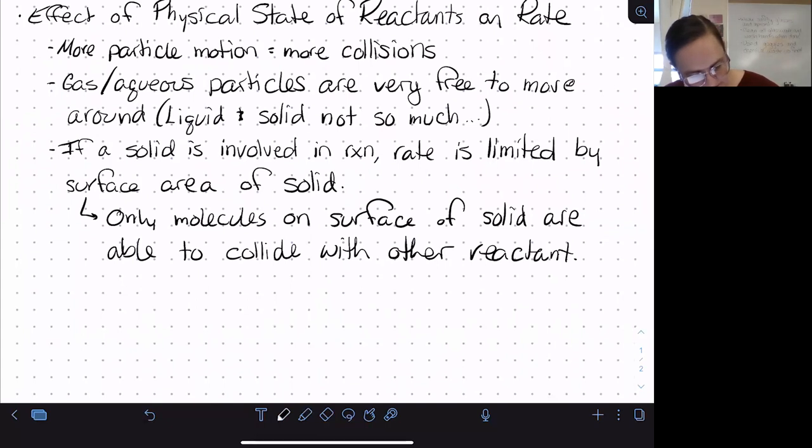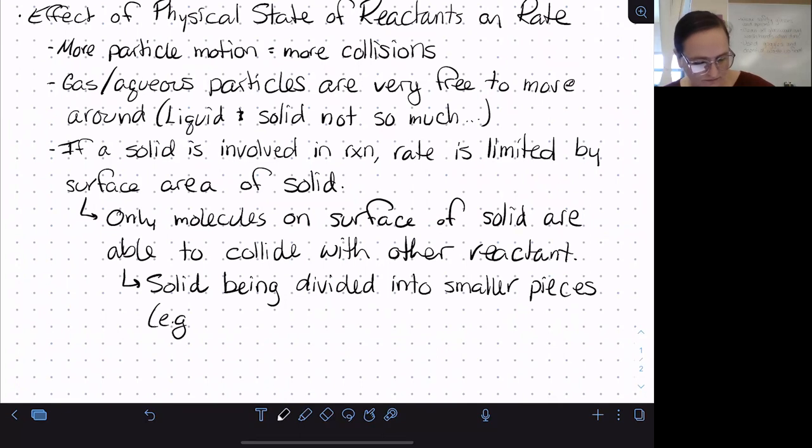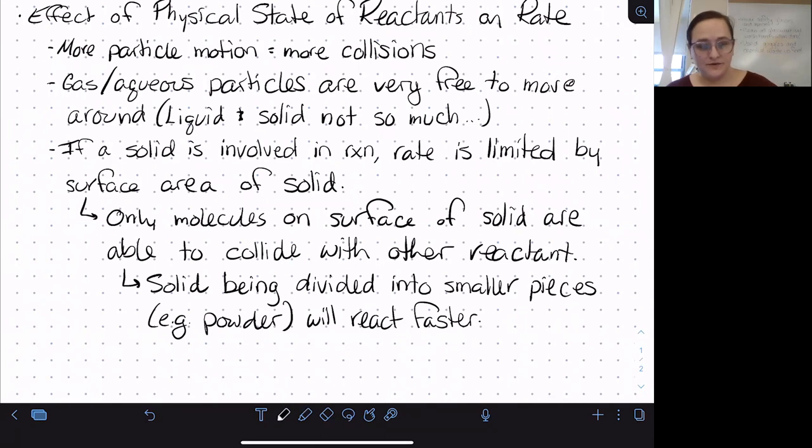So what this means is that a solid reactant being divided into smaller particles, so if something is like a powder as opposed to one big piece, it's going to react faster, because it has more surface area available.